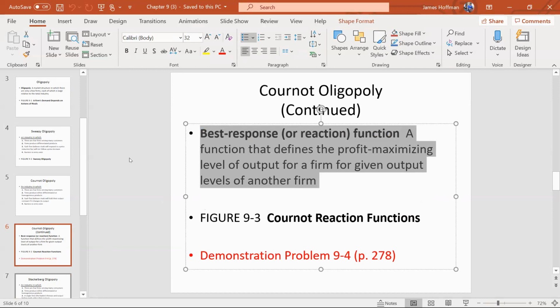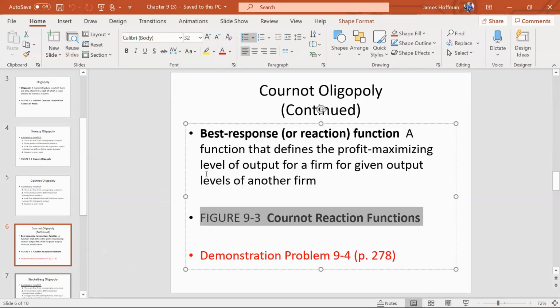But let's look at what the reaction functions look like on the same graph. Alright, so if we look at figure 9.3 in the PDF textbook.